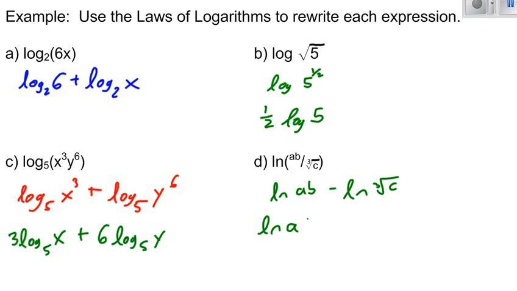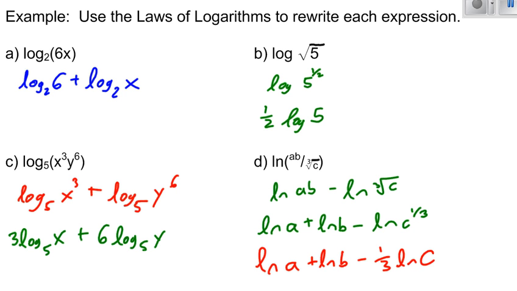Natural log of A plus natural log of B minus natural log, this would be C to the 1/3. And the power can get moved in front, so that becomes natural log of A plus natural log of B minus 1/3 natural log of C.